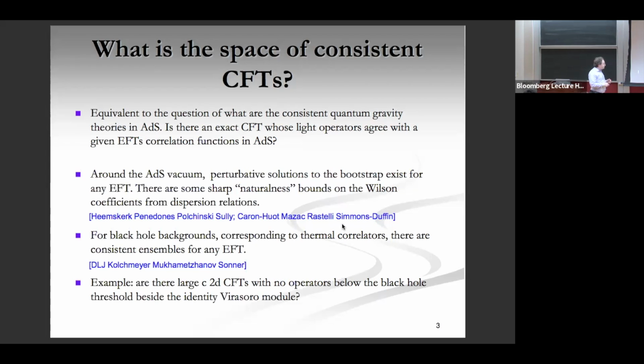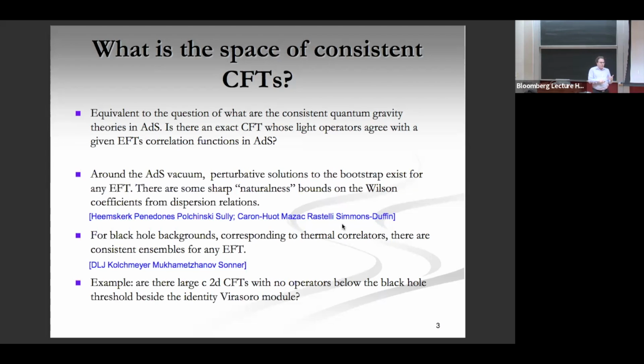But we don't really see from this where that comes from. But there's, of course, more to the theory in AdS than just the correlation functions around the vacuum. We could also study the thermal correlators of the CFT, which are related to the correlation functions of the effective gravity theory in a black hole background.